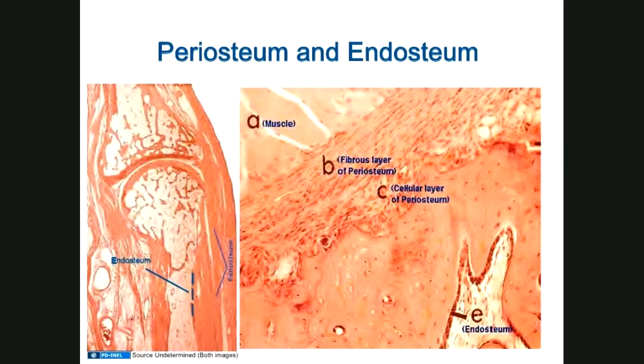So if we look at that layer, it looks like this. So here's that fibrous layer right here. That's the outer layer. Here's bone. But here's the layer with the cells. And these are those cells that can build bone. They're osteoblasts. And so I can add more bone.